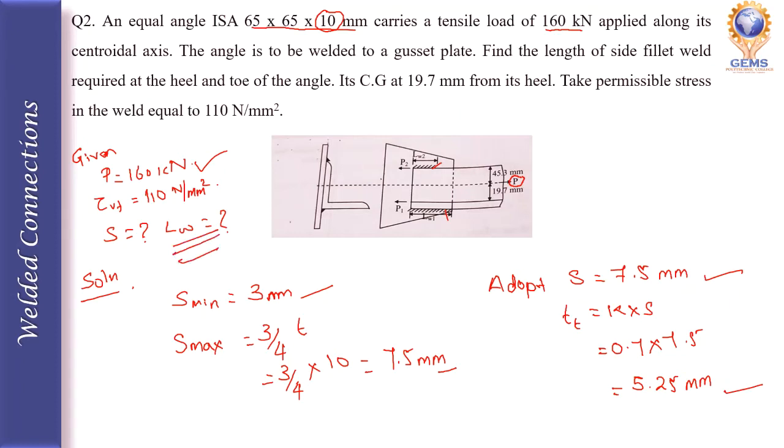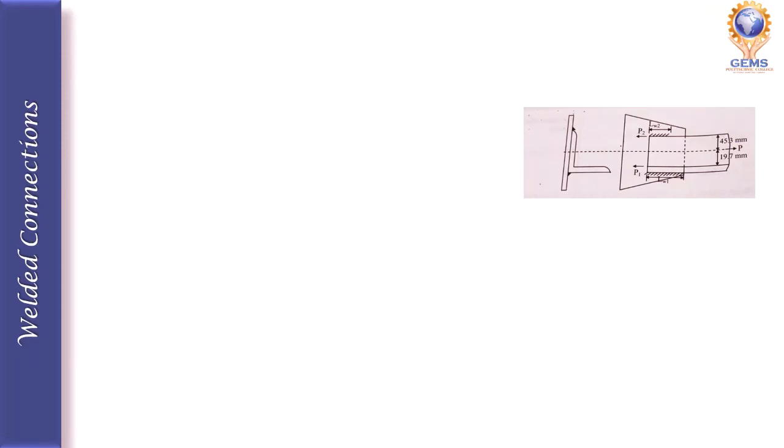Yes, we can. So how can we find the LW? We can equate the load to the shear strength of the fillet weld. The load is 160 kilonewton, converted into Newton, and the shear strength formula is LW into TT into tau Vf.